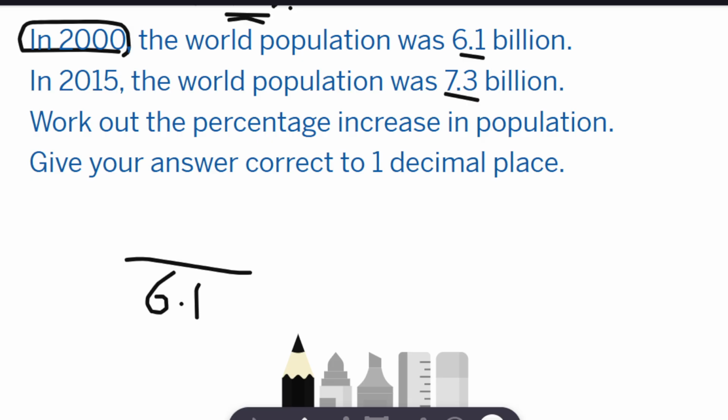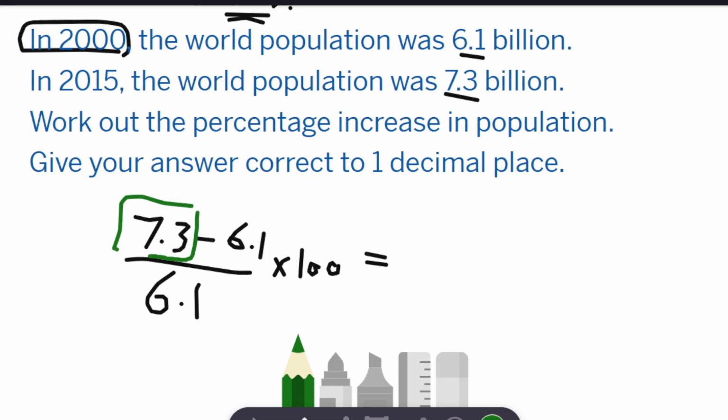We'll divide by 6.1. Now up here we will have the change. The change is 7.3 minus 6.1, times 100. One thing is, always to find the change, just write the bigger number first. The bigger number is 7.3, that's why I wrote it first. Always write the bigger number first. So plug this in your calculator and you get the answer.